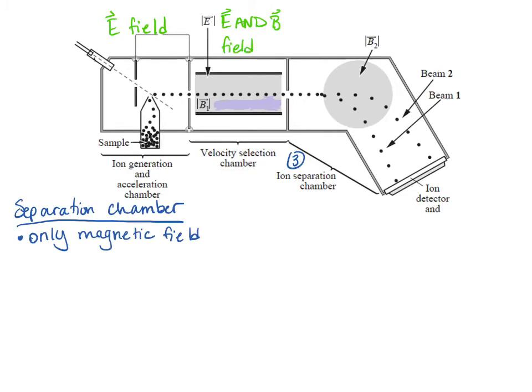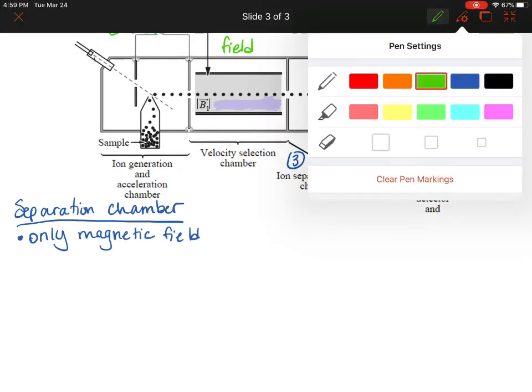Has both of them. And then here, my third chamber is only a magnetic field. And this magnetic field is different from the previous one, just like this electric field is different from the previous ones. So it's not the same electric field in chamber 1 and 2. It's not the same magnetic field in chamber 2 and 3. They're completely different.